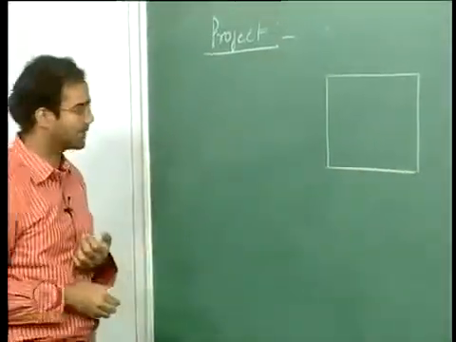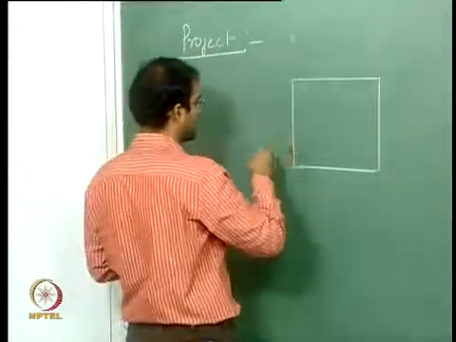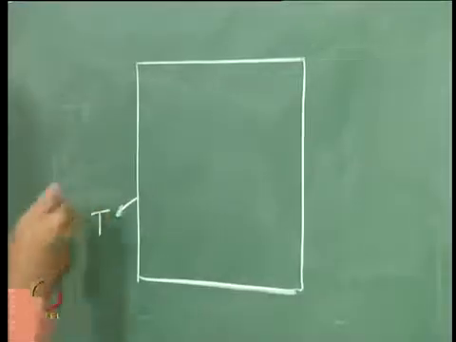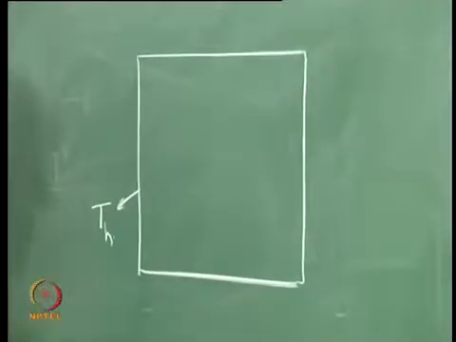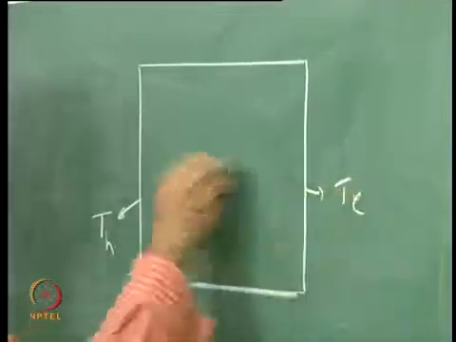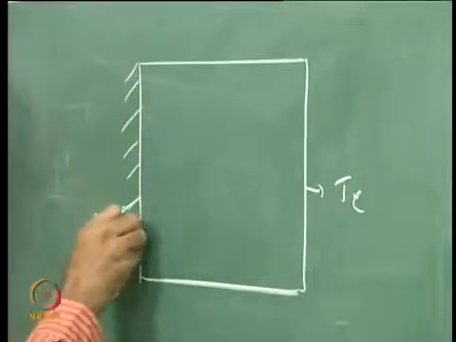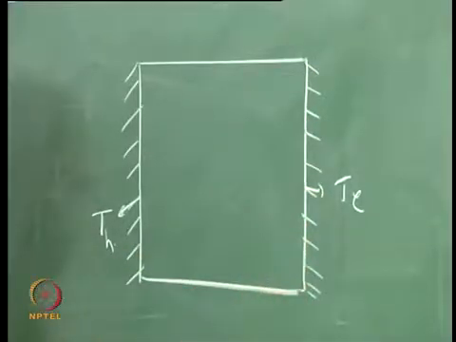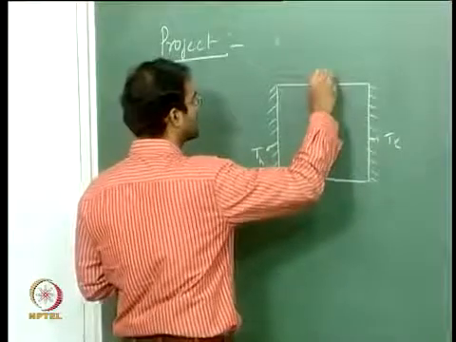It can have any aspect ratio, and you can consider that the left hand wall of this cavity is given some temperature, which is higher than the right side temperature. So this is a heated cavity, and the top and the bottom walls are insulated.